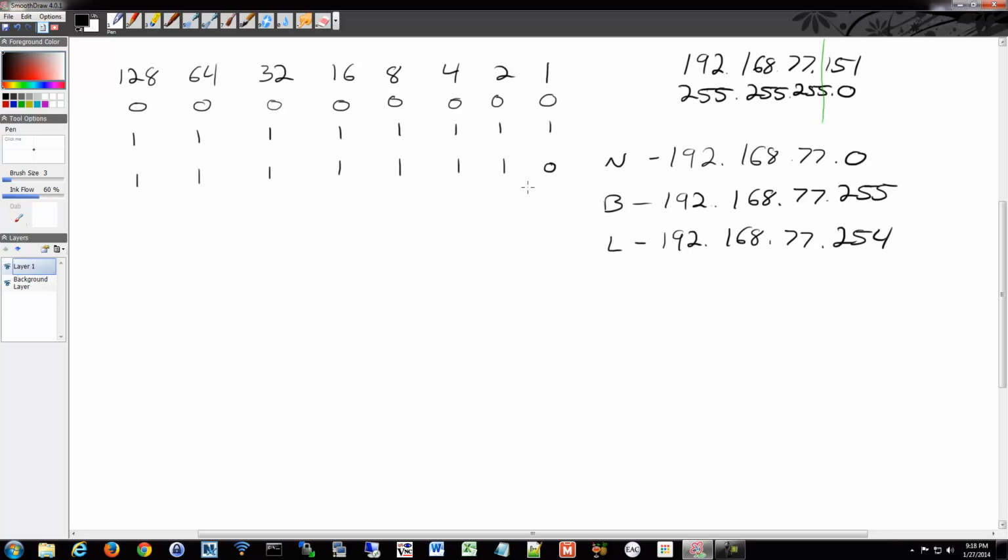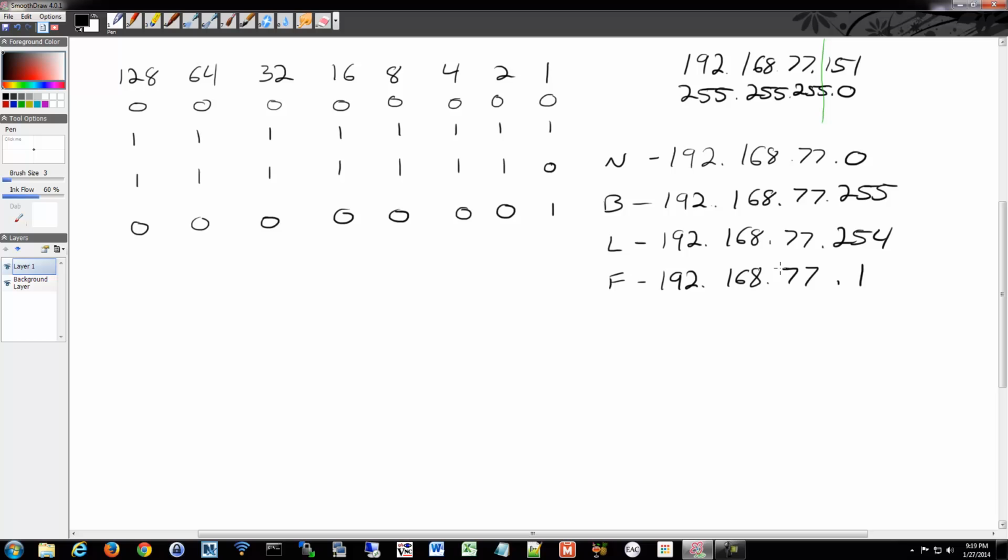If I go 1 up from the network address, which is all zeros, I turn on that 1 bit, then that's my first usable host address. So that's how that works.